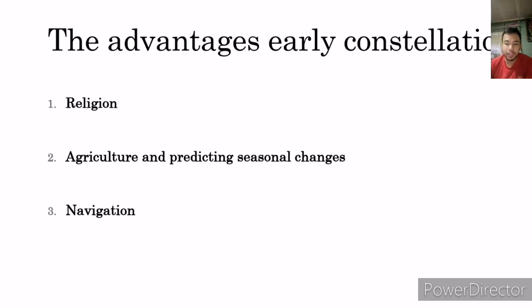Next, we have navigation, which helped a lot as a guide for sailors or travelers in the jungle. During the old days, they used the stars or constellations as a guide to the direction they needed to go.